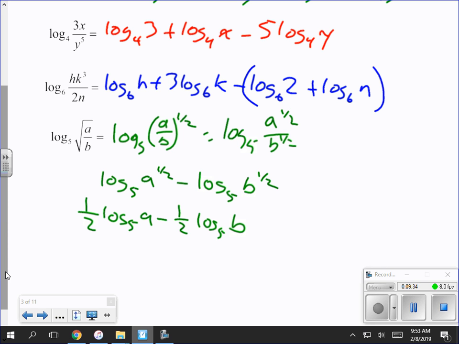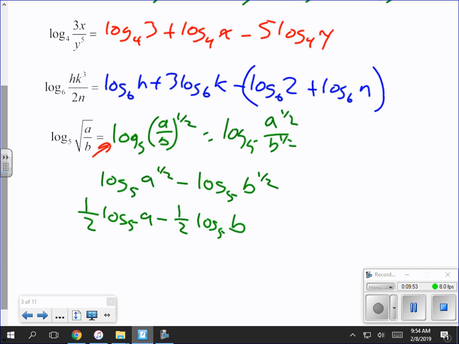Now, there is another option for solving this one. At this point here, you can instead bring the 1/2 down in front of everything, and then split your logarithm into 2. So you have 1/2 times the two things.